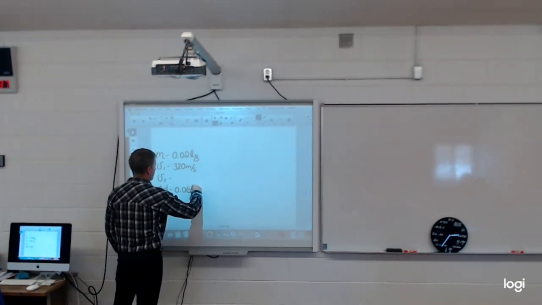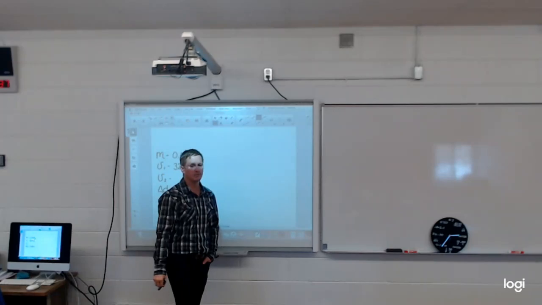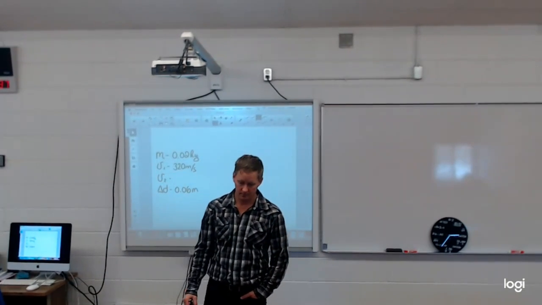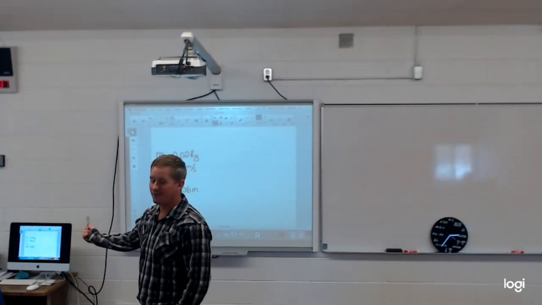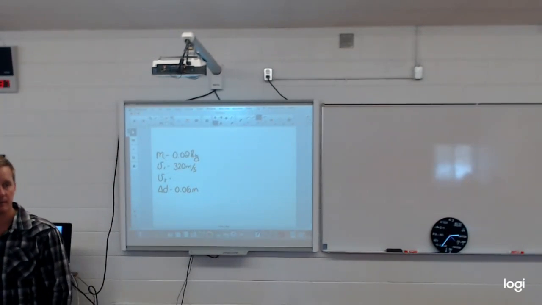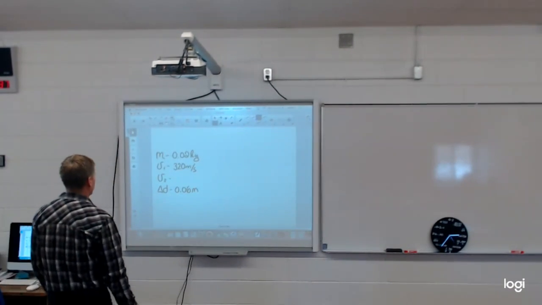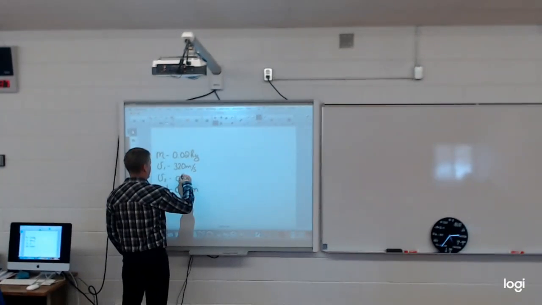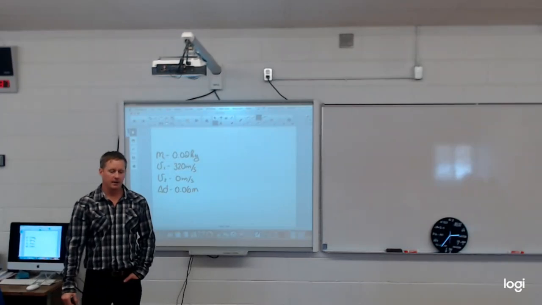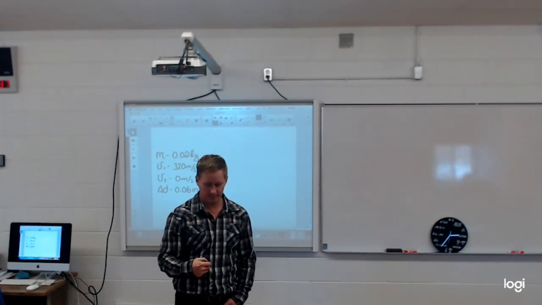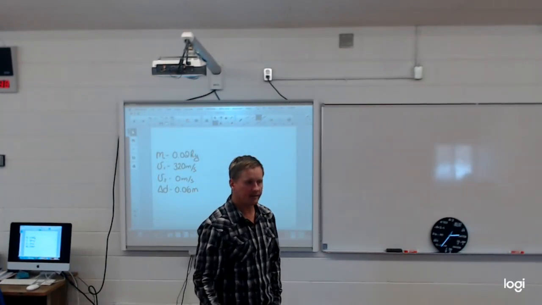So it goes into the wood 0.06 meters deep. So far, so good. What is the V2 on this guy? 0. It embeds itself into the piece of wood and then stops. The question asks, calculate the average net force.